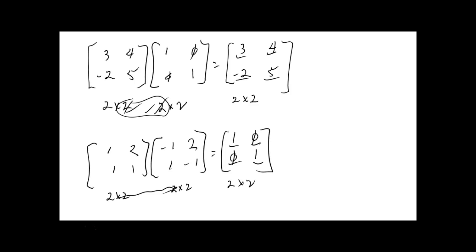Some things in matrix multiplication don't have to be, but this one does. When you multiply two matrices together and get the identity matrix as the product, then those two matrices are inverses of each other.